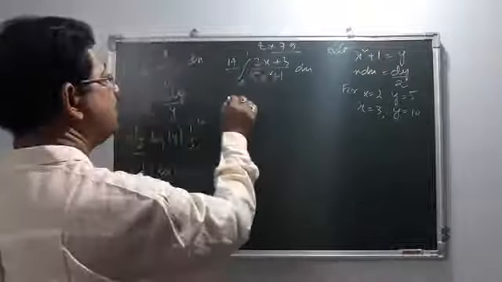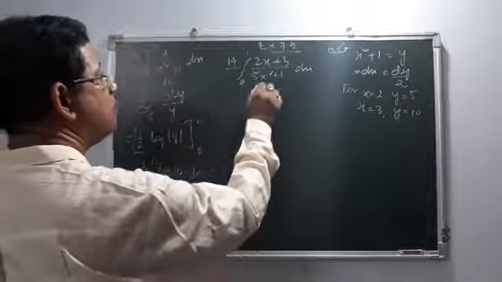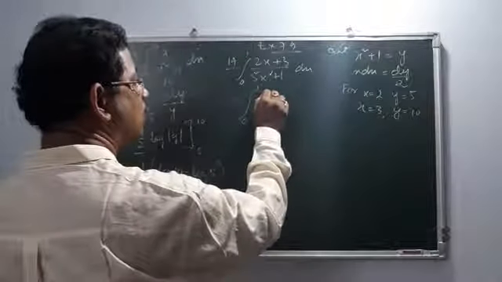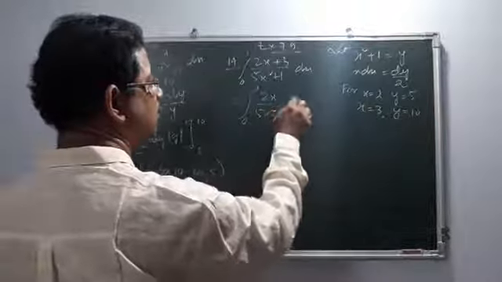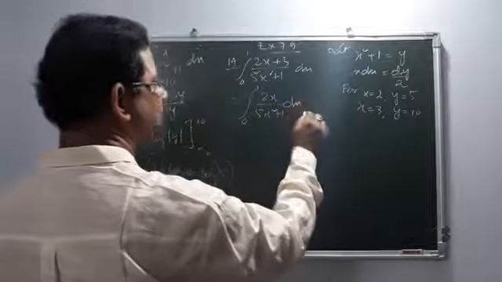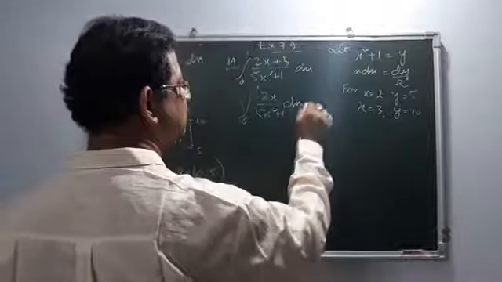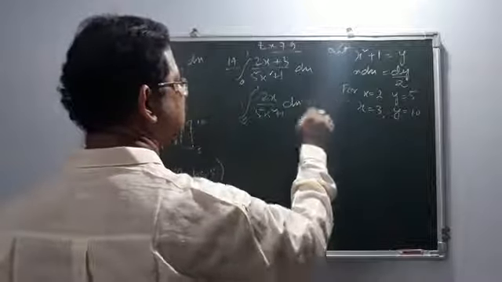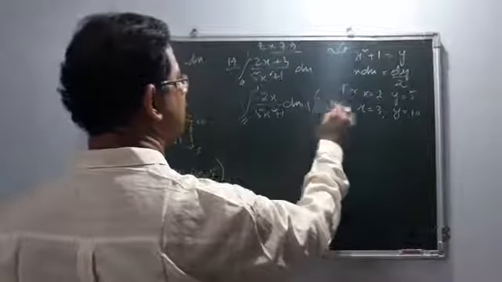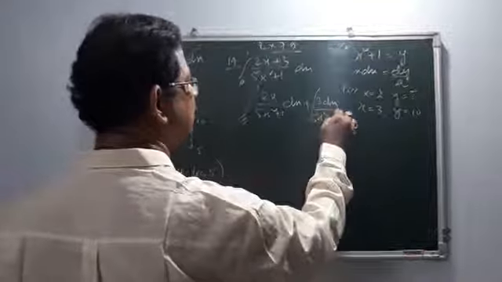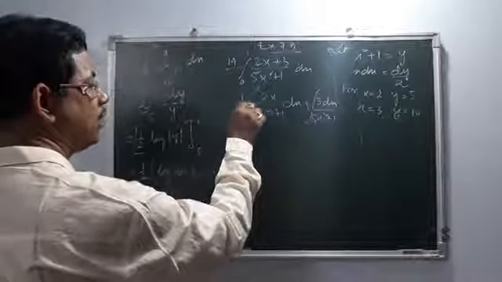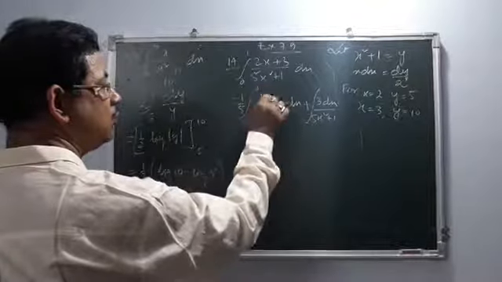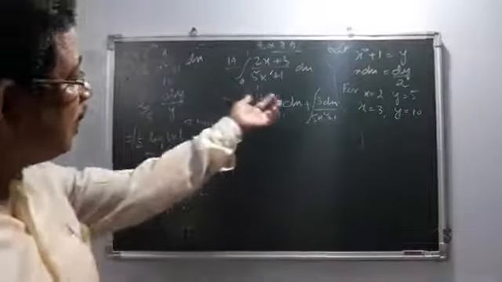So try to isolate this one: the integral from 0 to 1 of 2x over 5x square plus 1 dx plus 3 dx divided by 5x square plus 1. Now if I write 5 here, then automatically it will turn into 10.